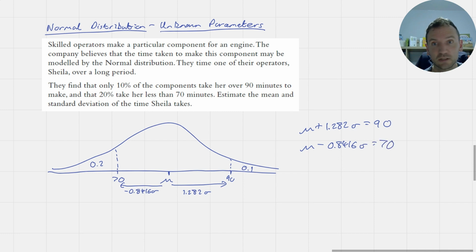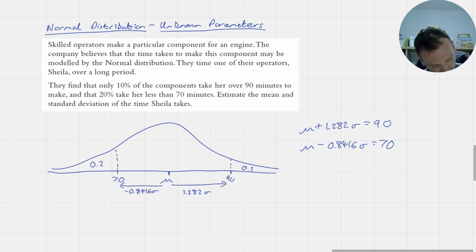And at this point, your life's got a lot easier. You've got two simultaneous equations, you've got two unknowns, you've got a range of things you could do here. If you're feeling particularly lazy, you could go to your simultaneous equations part of your calculator. If you're feeling a little less lazy, you could add these two equations together and you'll get an equation just in terms of sigma.